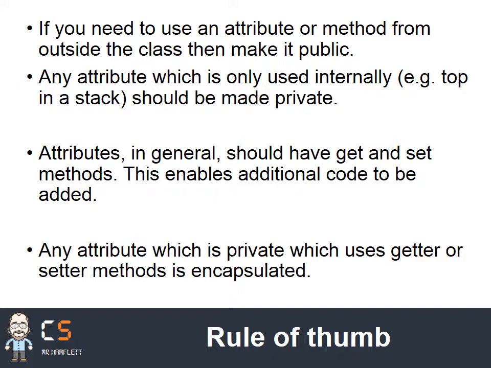Any attribute which is only used internally, i.e. top of the stack, we don't really want to show the top of the stack, we make it private. Attributes in general should have getters and setters, so get used to having getters and setters for every attribute, unless you really don't want anybody else to see it from outside the class. And any attribute which is private, which uses getter or setter methods, we say it's been encapsulated.